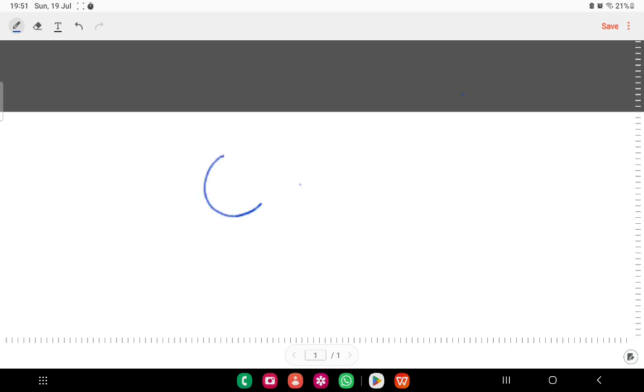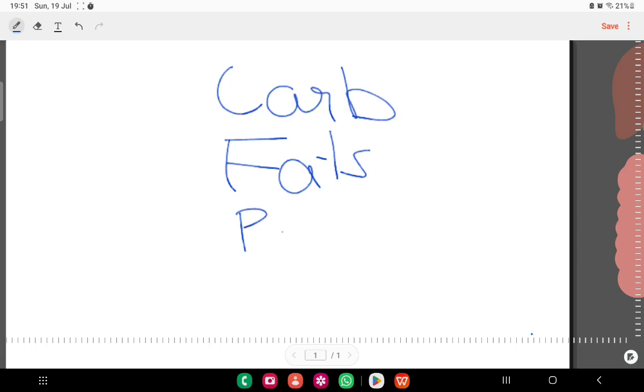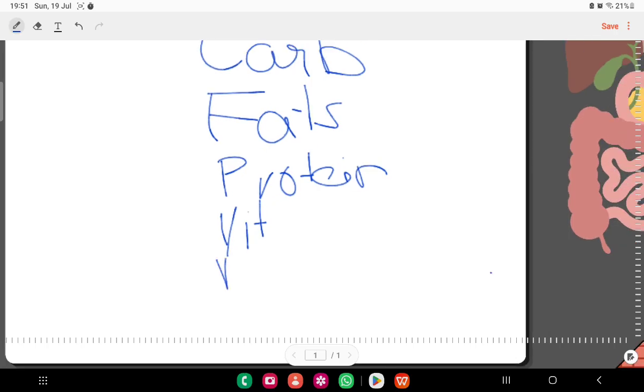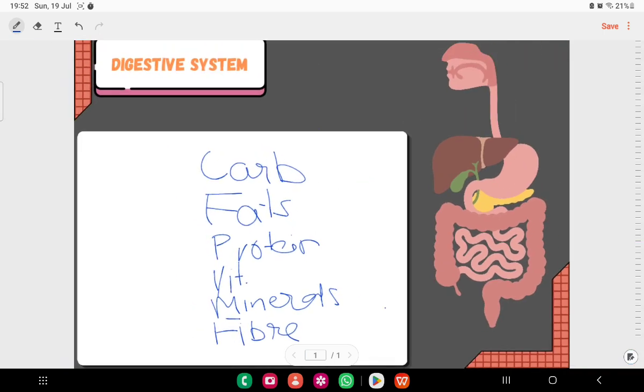They are carbohydrates, fats, proteins, vitamins, minerals, and I think it also includes fiber. Yeah, fiber. Alright, carbohydrates, fats, proteins, vitamins, minerals, and also fibers.